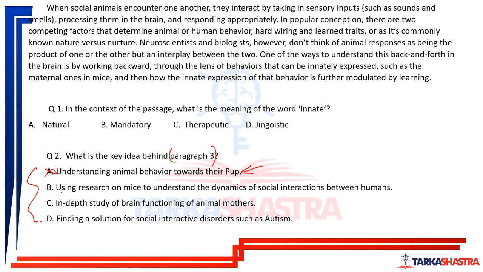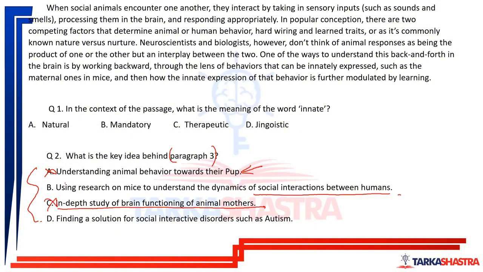So A is not the right one. Using research on mice to understand dynamics of social interactions between mice. This could maybe be right. Next, in-depth study of brain functioning of animal mothers. Again, this is not the main idea.